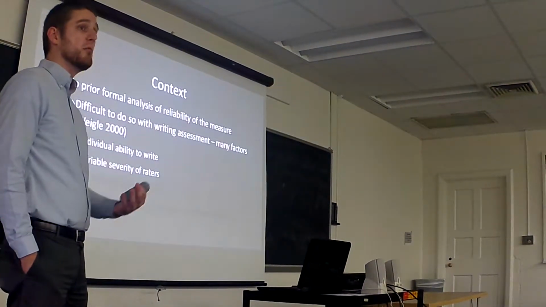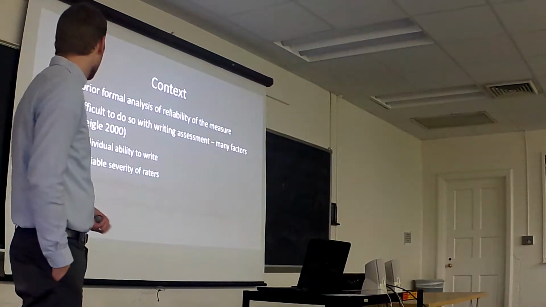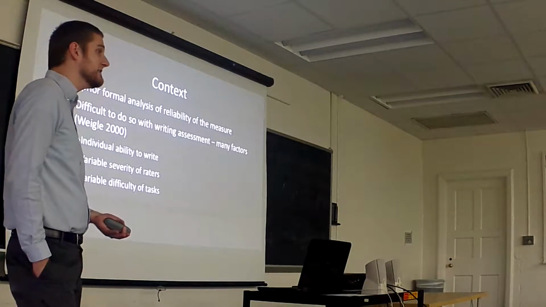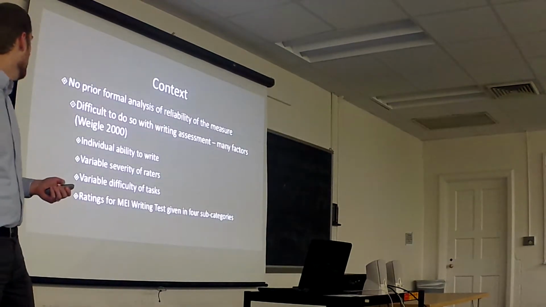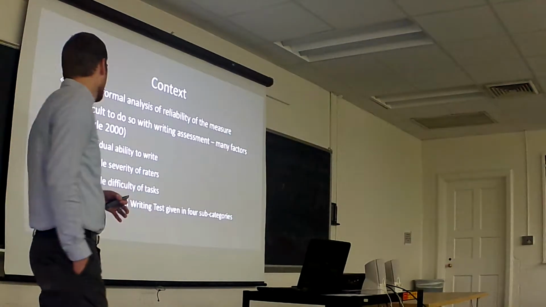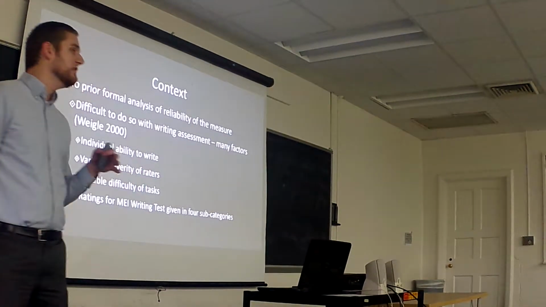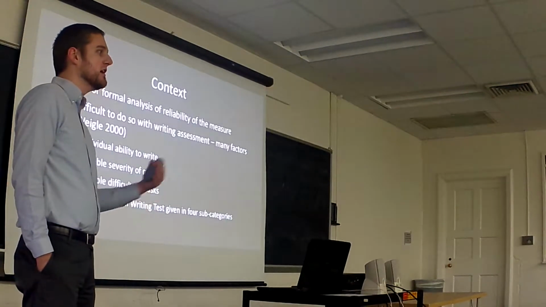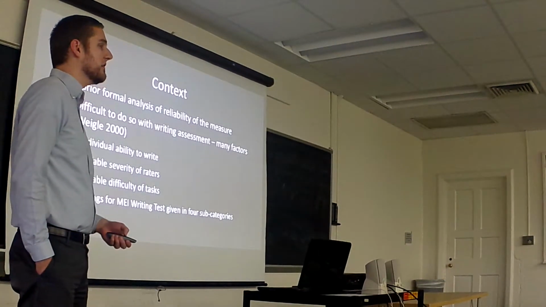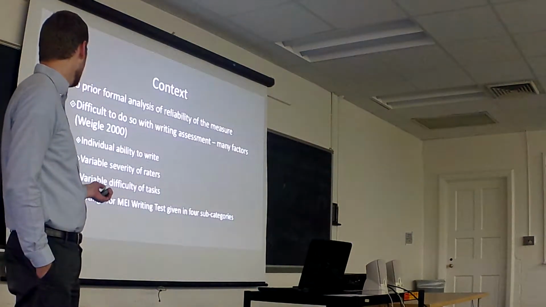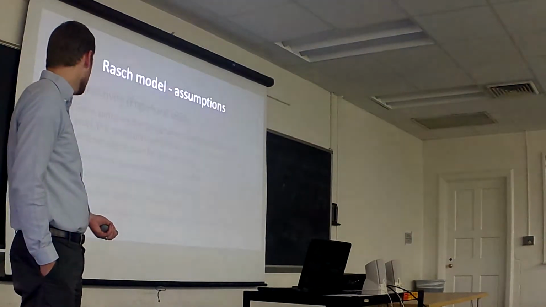We're not all robots, so there will be some level of difference. There's the variable difficulty of the tasks, and then for us, in our particular context, we have these 4 subcategories, and applying those subcategories to a particular composition, there may be some variability there as well, which goes into that level of severity.